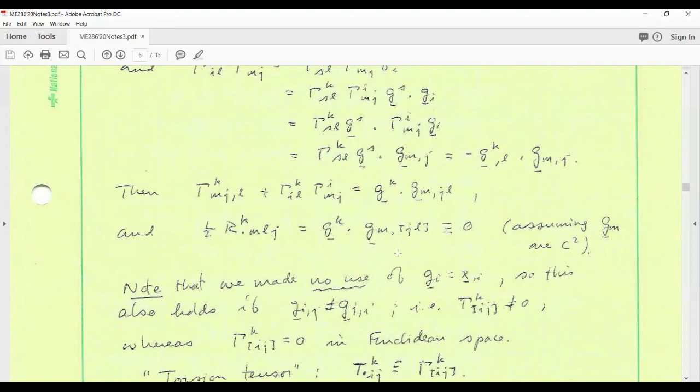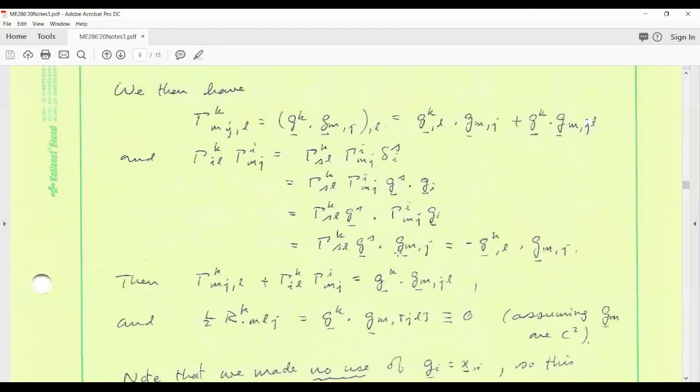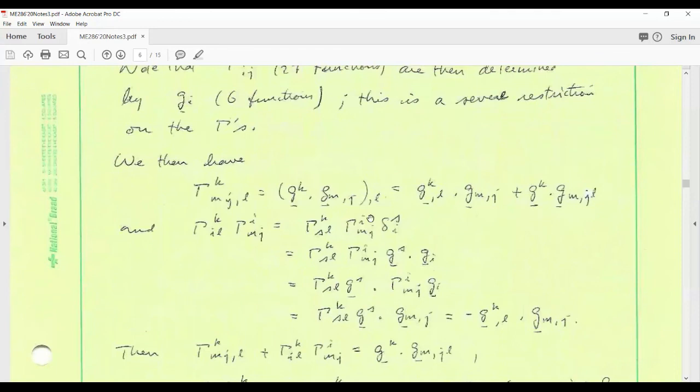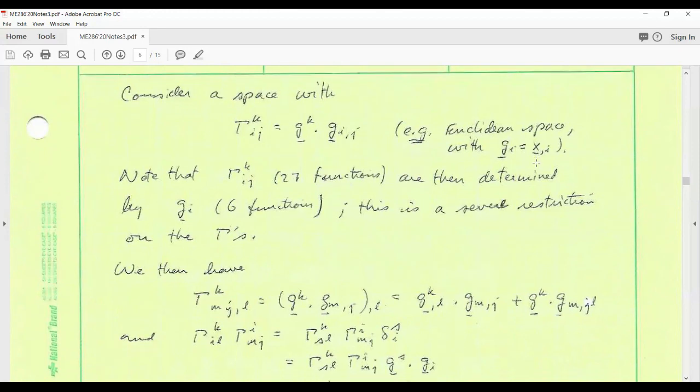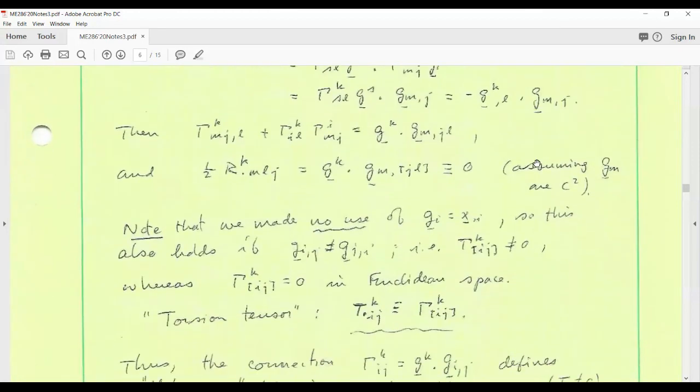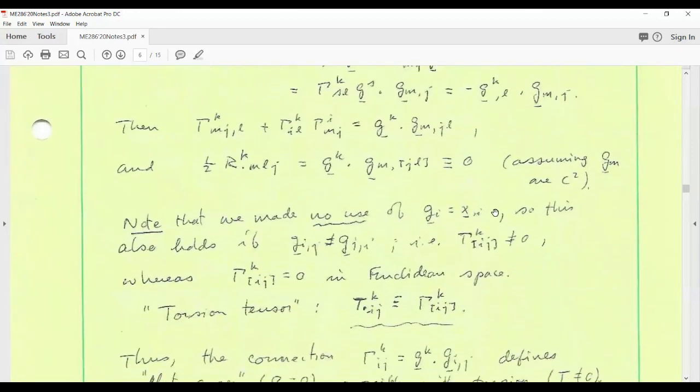But notice that in this deduction that the Riemann tensor is 0, all we used was this formula for the connection here. We did not use this. We did not use the idea that G is the partial of the position with respect to the coordinates. We made no use of that.